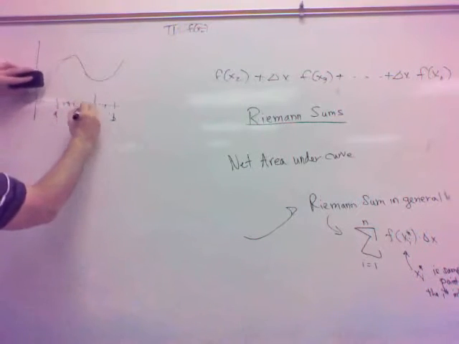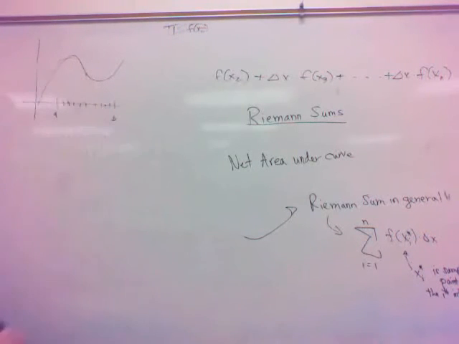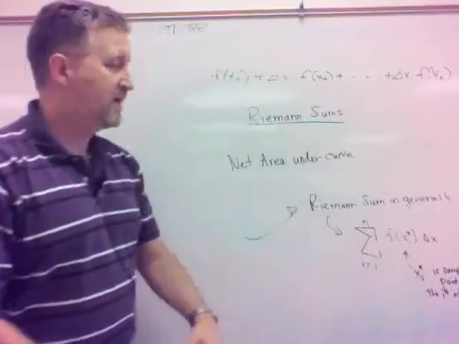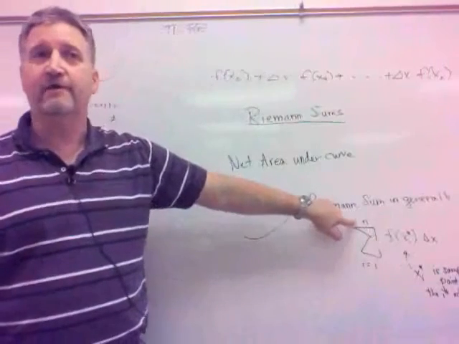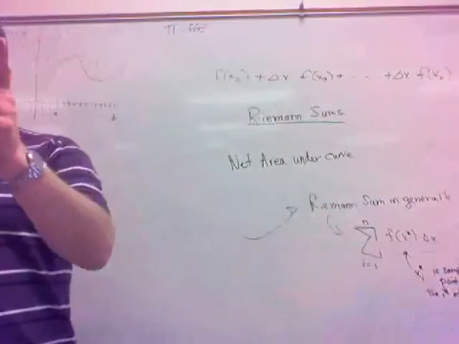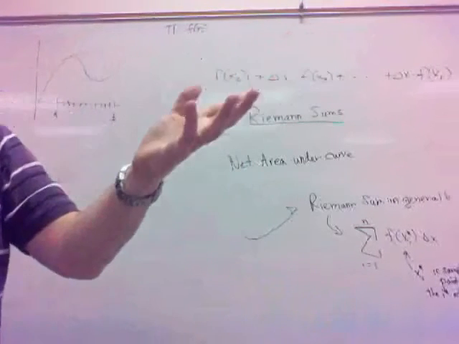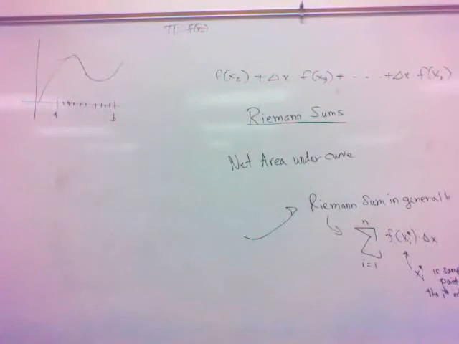Well, I keep doing more and more rectangles, right? I do 12 rectangles, I do 50 rectangles, I do 1,000. What am I doing? On this Riemann sum, I'm making n larger and larger and larger. So if I could somehow run n to infinity, wouldn't that get us a pretty good rendition of the area?